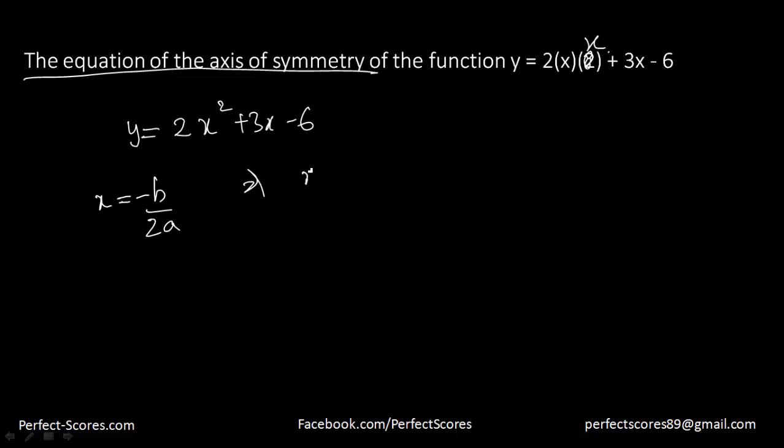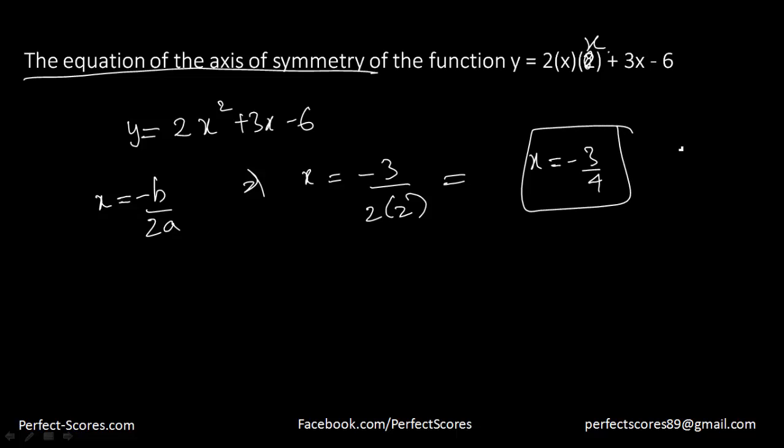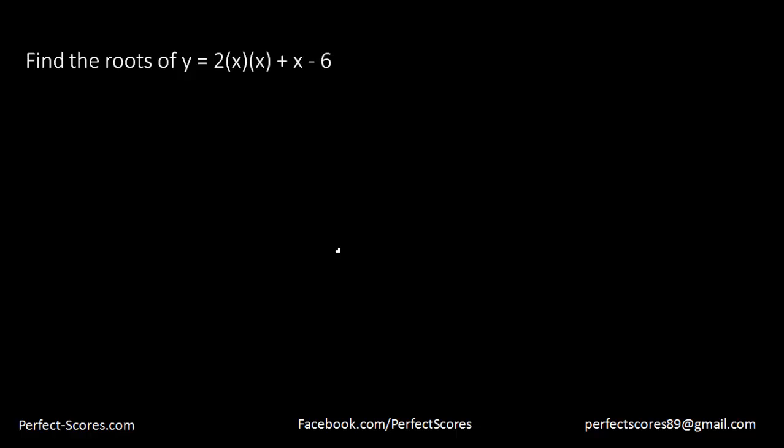So that means x is equal to minus 3 over 2 times 2, that is x is equal to minus 3 over 4. That is the equation of the axis of symmetry. So I hope you're getting this point over here, guys. Let's move forward to the next one.